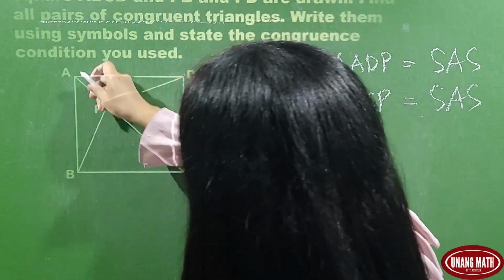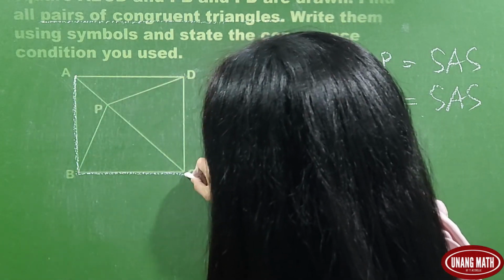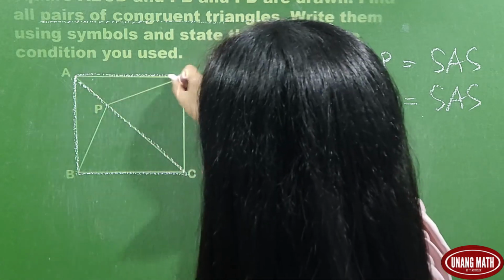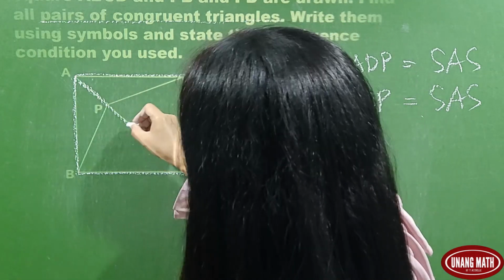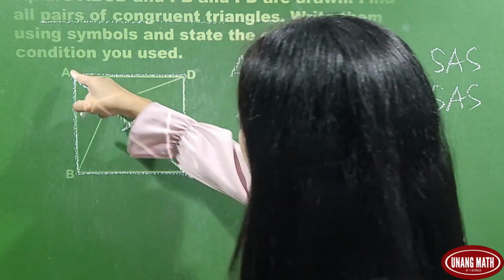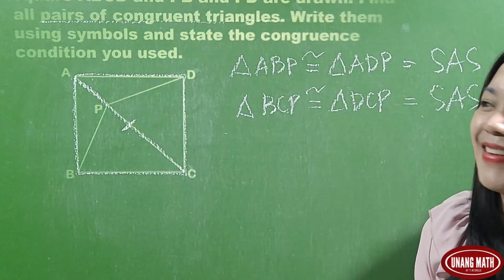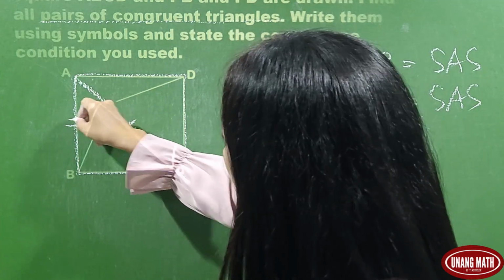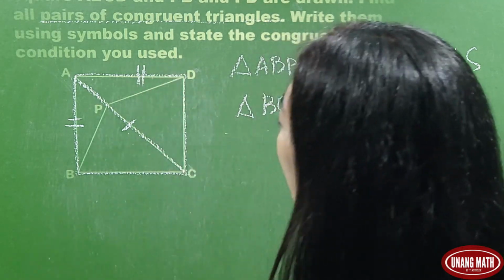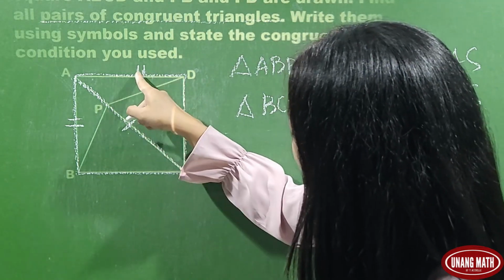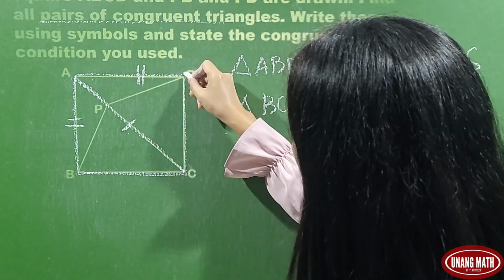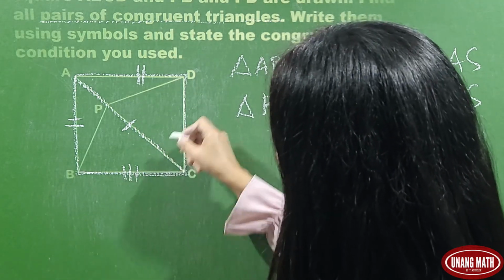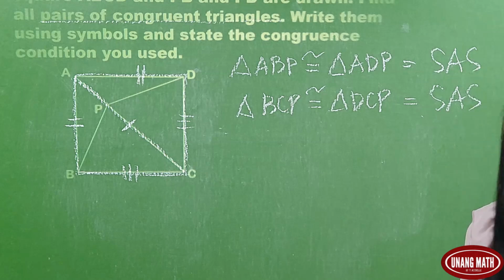Okay, we have other triangles here. This time let's consider this bigger triangle, so this triangle and this triangle. They share this same line, AC. This side has the same length as this side, and this side has the same length as this side.